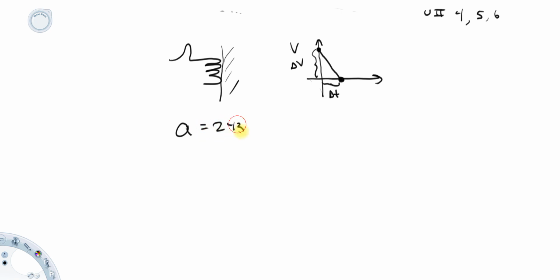Mine says 2430 meters per second squared. And the mass of the fist is given in the problem. Mine says 0.6 kilograms. So we're going to write these values down. And then we write out Newton's second law. Net force equals mass times acceleration. And the mass is given in the problem, and so is the acceleration. So you can just find a value.